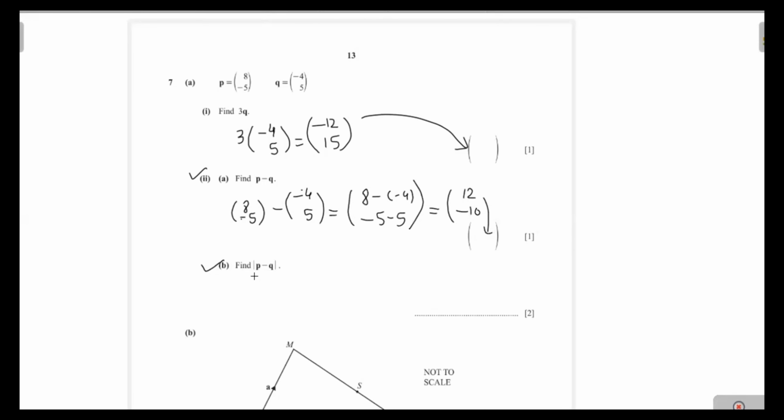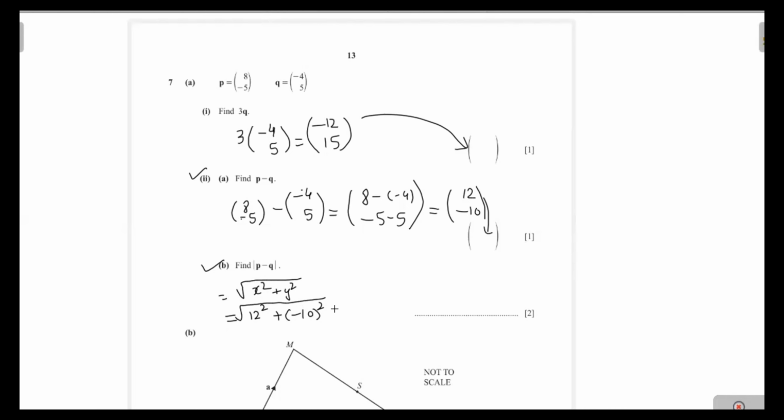Part B, absolute P minus Q. We have to calculate the magnitude of the P minus Q vector. This will be equal to the square root of x squared plus y squared. You see here the x value is 12, therefore we write 12 squared, and y is minus 10, whole squared.